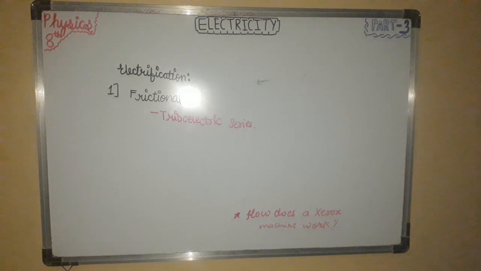How can silk get positively charged on one occasion and negatively on the other? This is explained in terms of electron affinity. When two bodies are rubbed against each other, the body which has greater electron affinity accepts electrons and gets negatively charged. The other body which loses electrons gets positively charged.